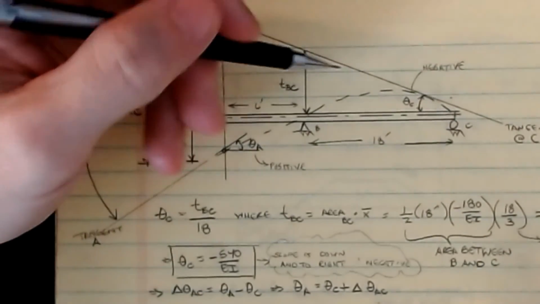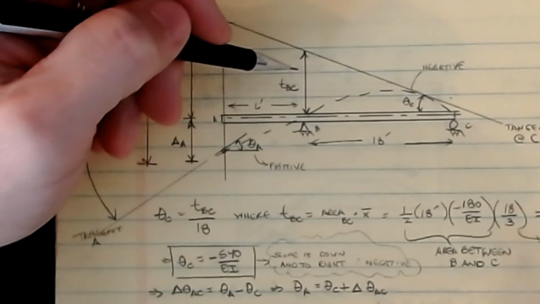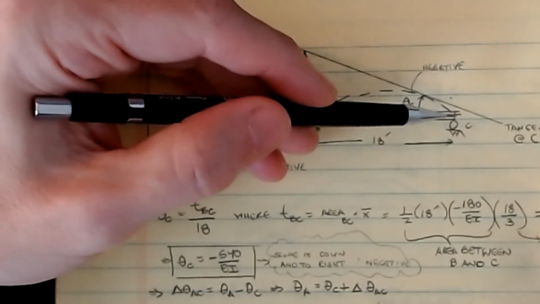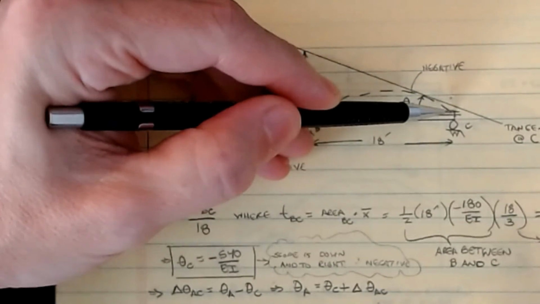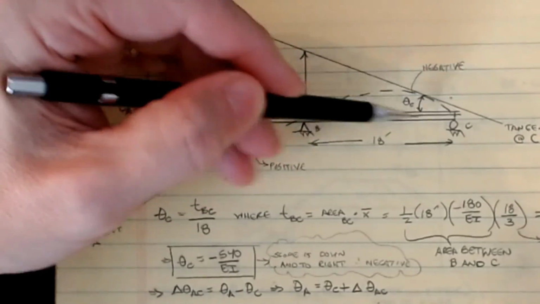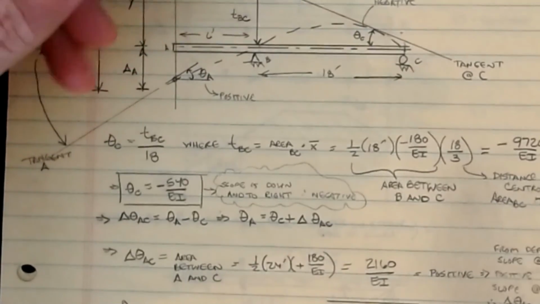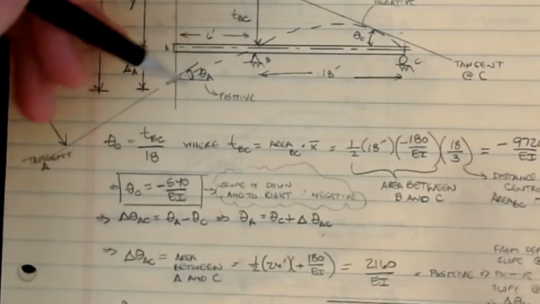Because it's the most familiar to what we've been doing with the basic tangent line construction, we're going to take the tangent at C as my starting point here, because I need to know theta C, so this has to be one of the points. The other thing you have to look at is what other place I should choose as my point.